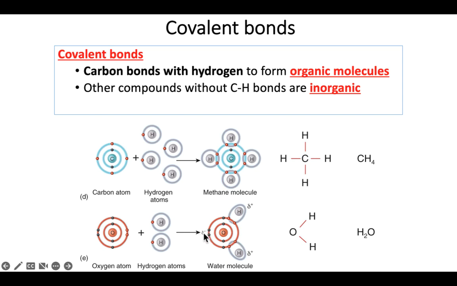This little symbol is the Greek letter delta, and it's used by chemists to show that it's not a full negative charge, it's a partial charge. So it's not an ion. Ions are full charges. The hydrogen is partially positive because that electron is staying over by the oxygen more. So this bond, when there's unequal sharing, is called a polar covalent bond. This bond, when it's equal sharing, is called a nonpolar covalent bond.